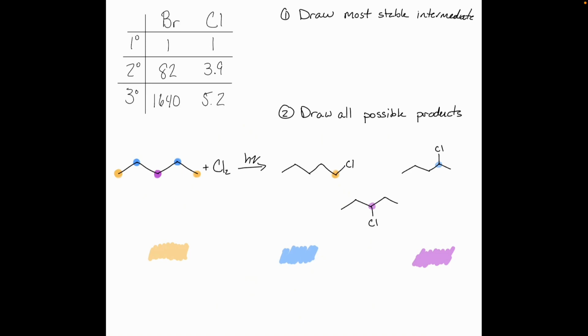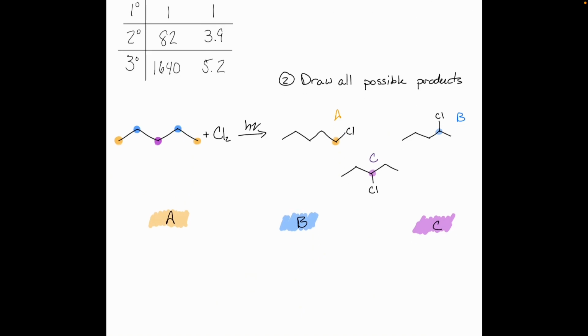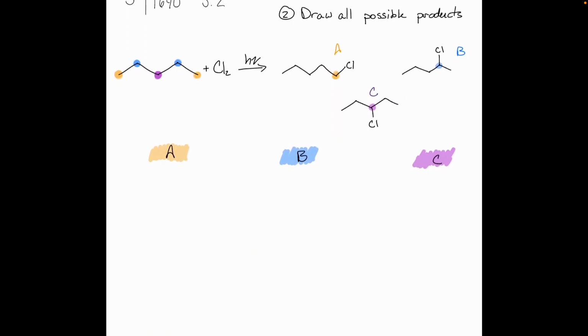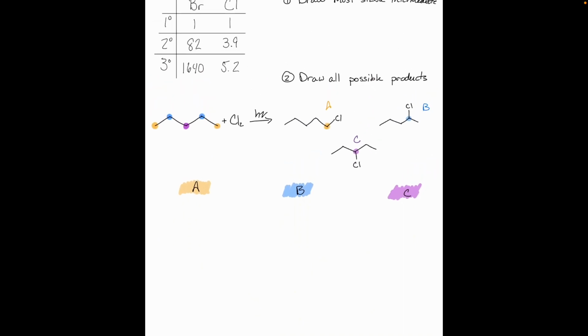Right, we'll call the orange group Group A, the blue Group B, and the purple Group C. My bad if anybody's colorblind for using colored groups here, but cool.